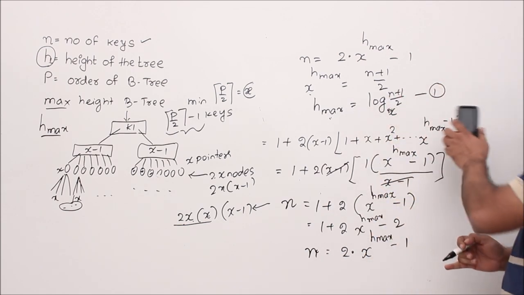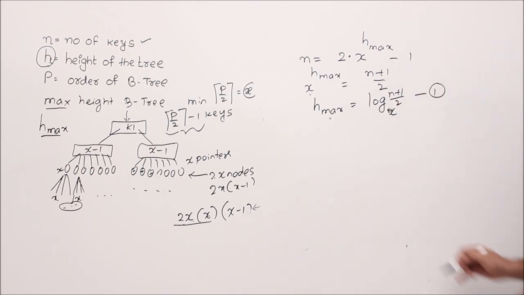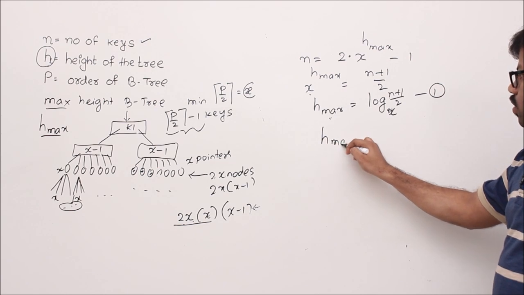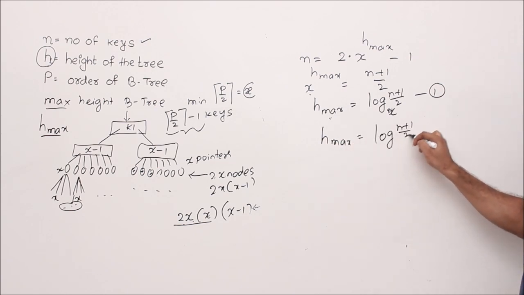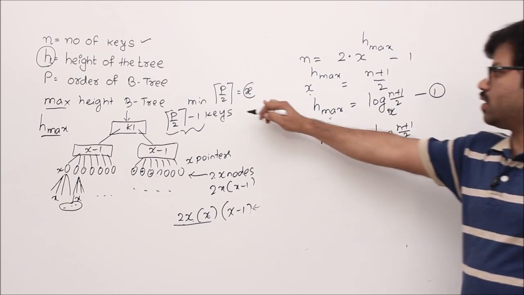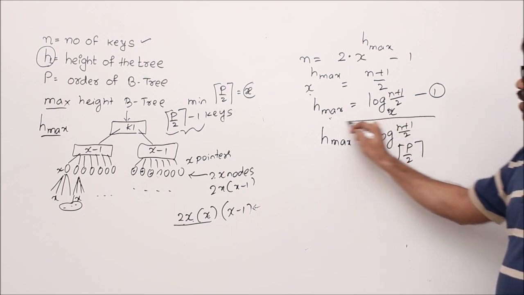Sir, what is x? Let's simplify. Here it would be h max equal to log n plus 1 by 2 base x. X, our assumption is p by 2, correct? That is the final answer.